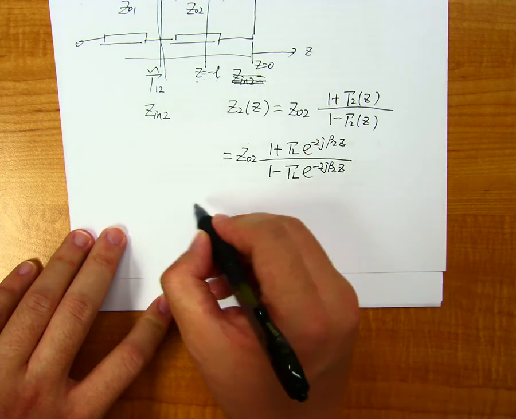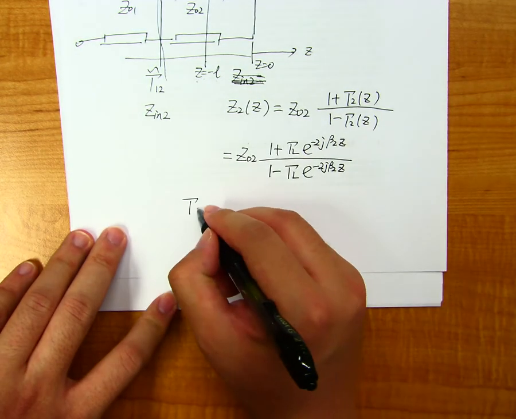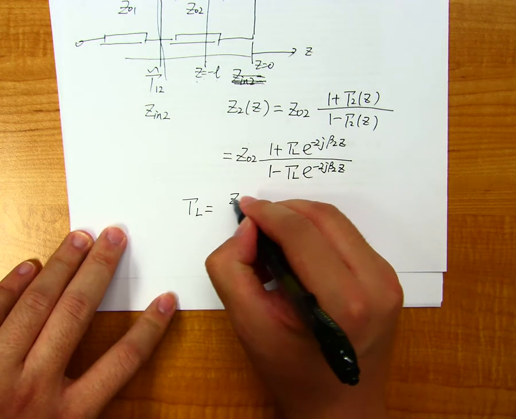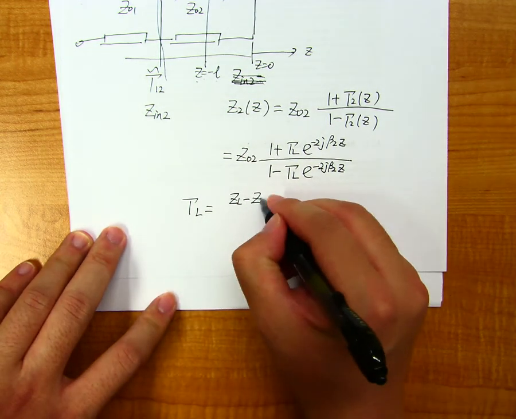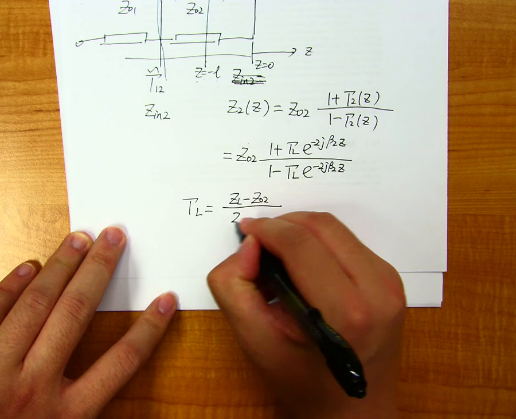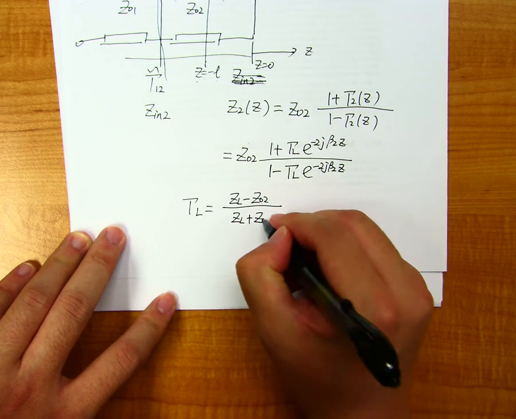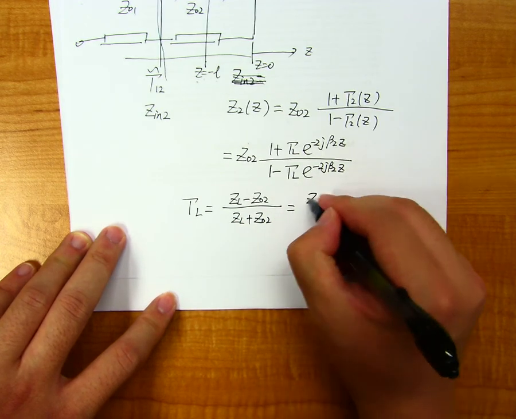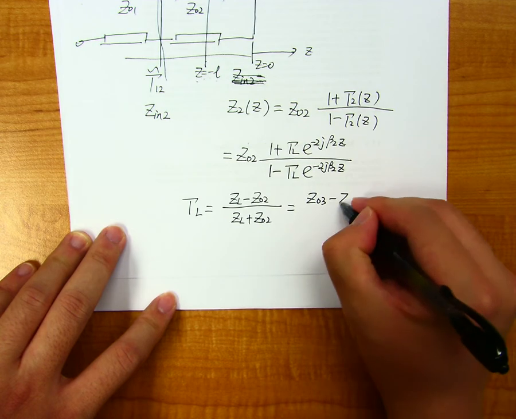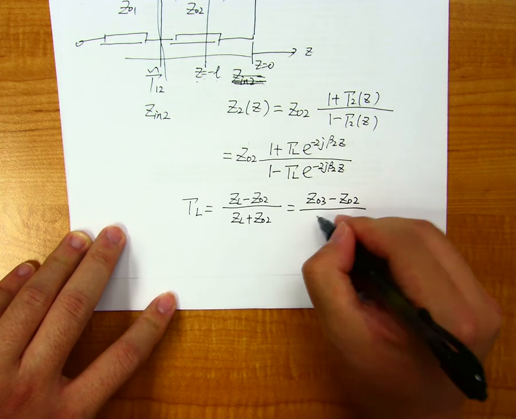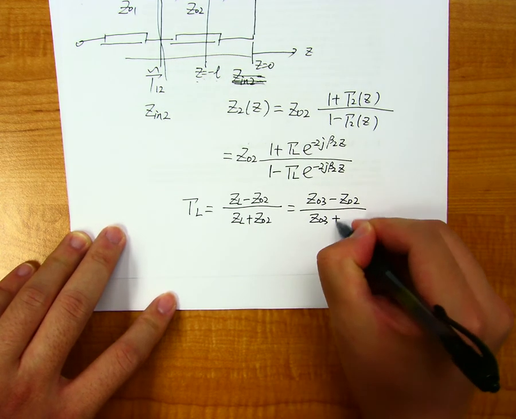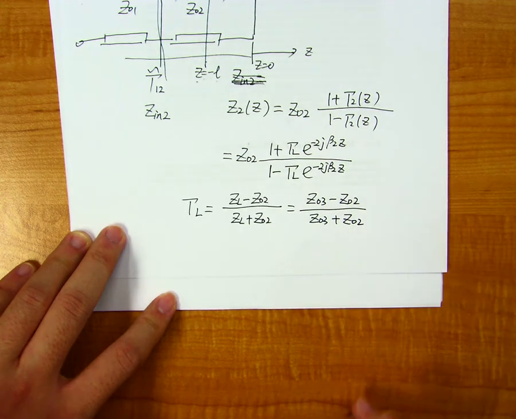Okay, and here, of course, gamma L is equal to (ZL minus Z02) over (ZL plus Z02), which is (Z03 minus Z02) over (Z03 plus Z02), right?